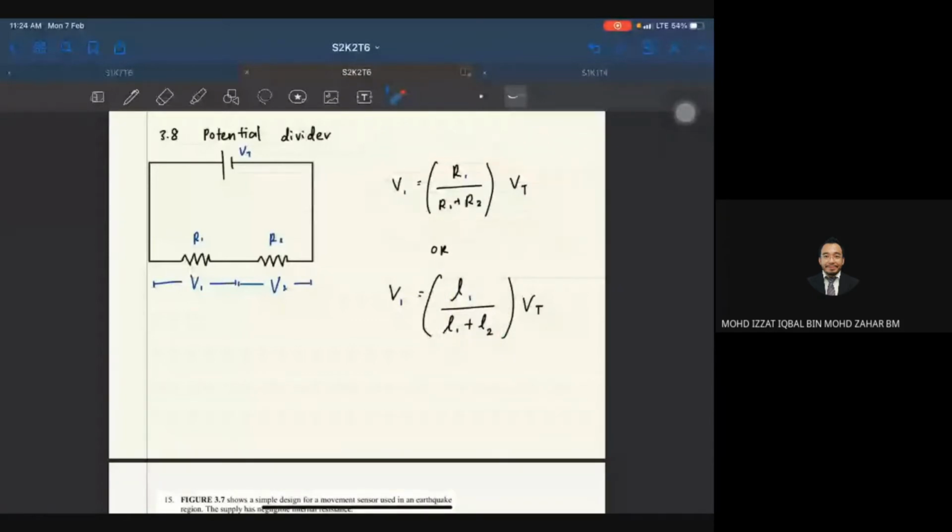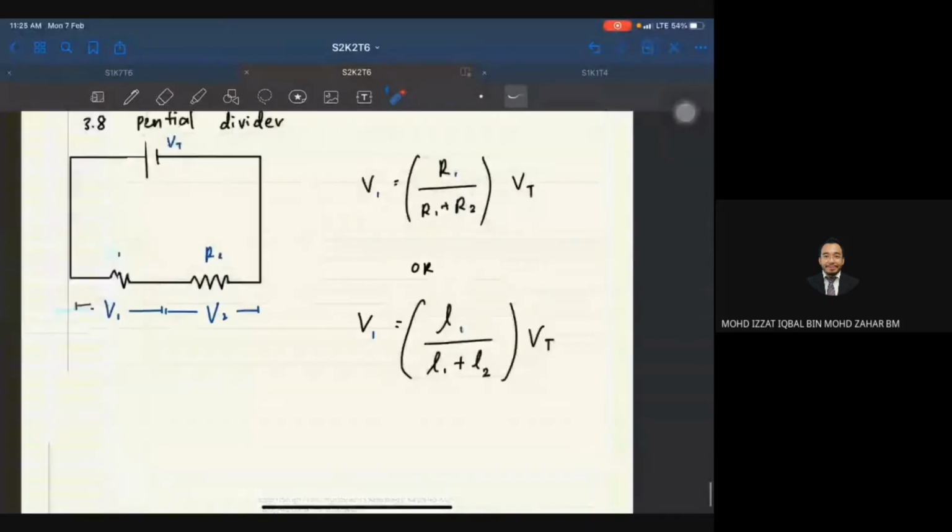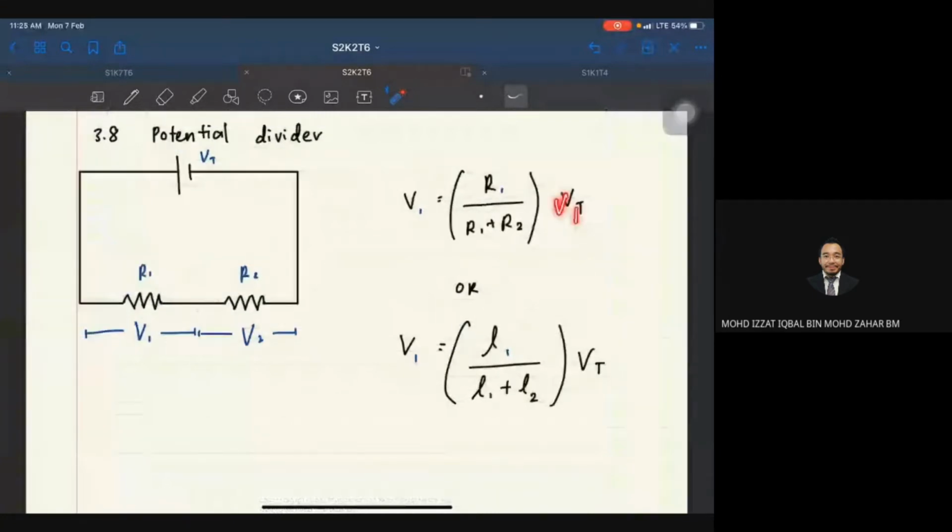Derivation, I think you can refer to the lecture notes yourself, but I just want to focus on how to use this equation. Okay, the VT here is the terminal voltage, the whole voltage over there. And V1, if you want to find V1, it corresponds to the voltage across the first resistor.